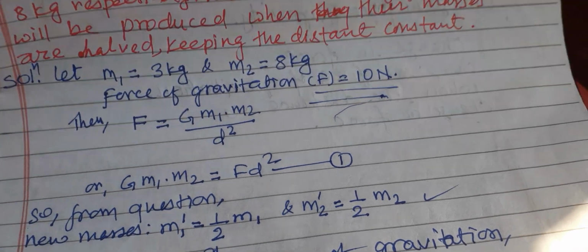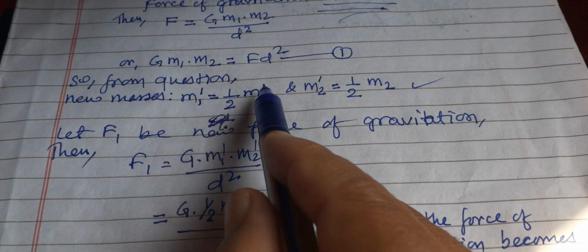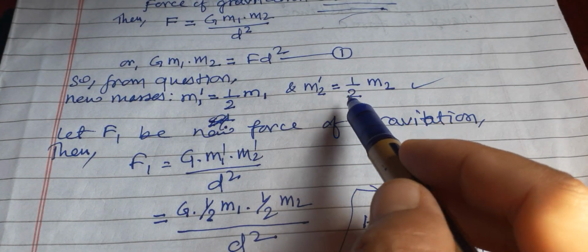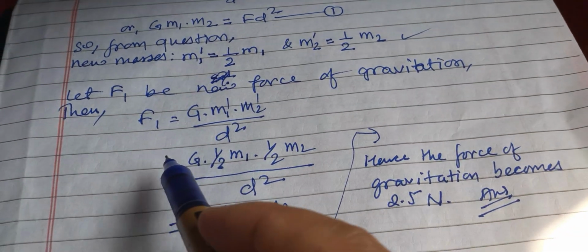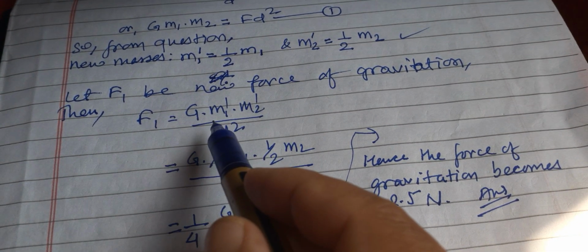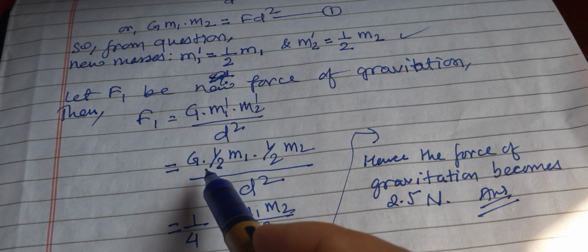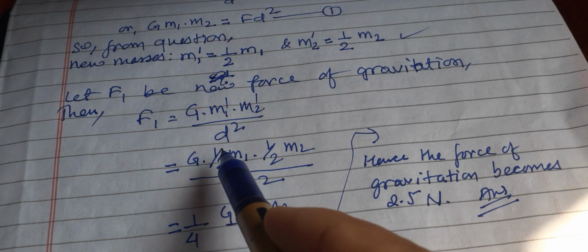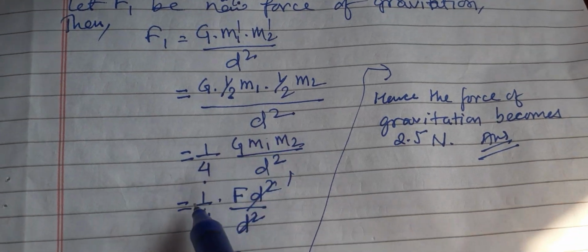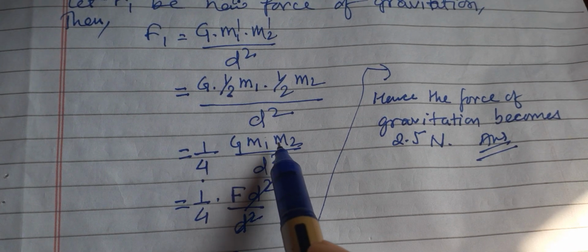Look at here, because the new mass is half times m1 and the other mass is half times m2, F1 equal to G times this one, and replacing these new masses by 1 by 2 m1 and 1 by 2 m2, then you will get d square and 1 by 4 G times m1 into m2.